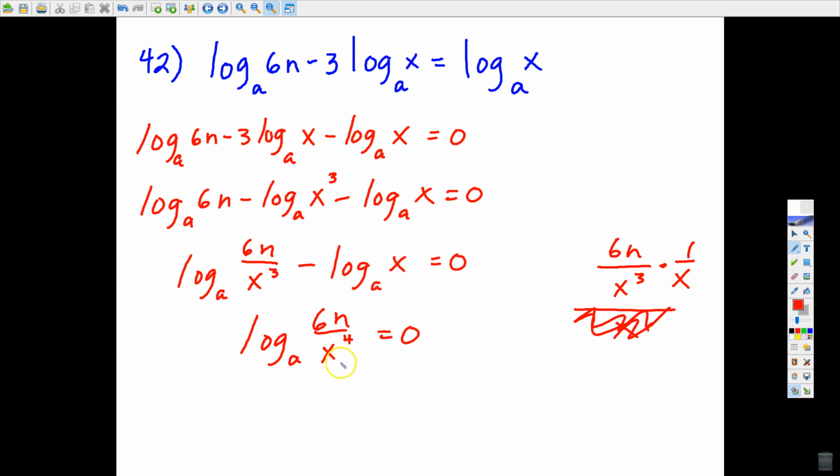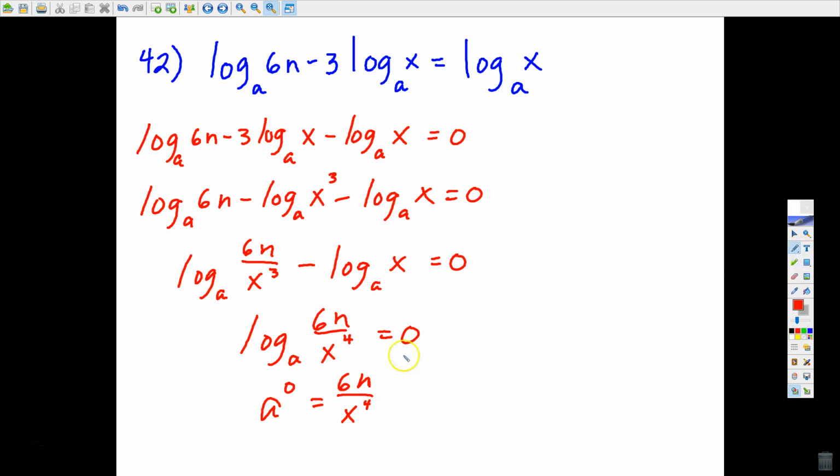Okay, and now we change this into exponential form. A to the 0 power equals 6n over x to the 4th. And we're supposed to solve for n. That's the direction. So I'm going to multiply by... this is just 1, A to the 0 is 1. 1 equals 6n over x to the fourth.